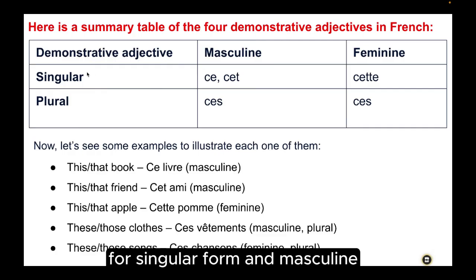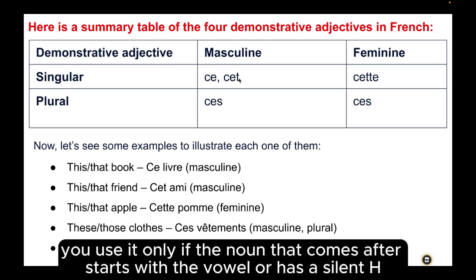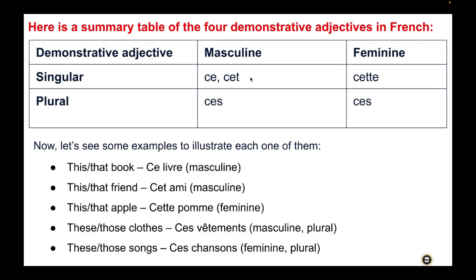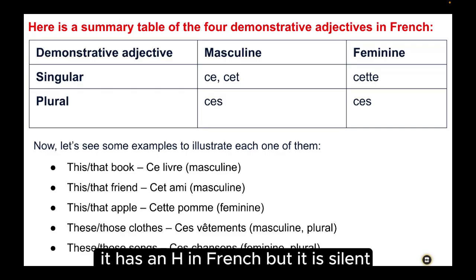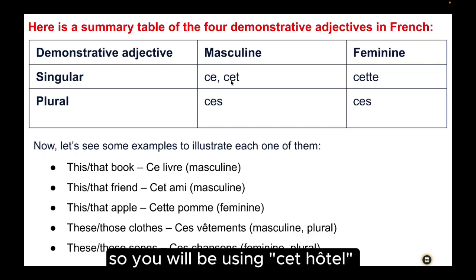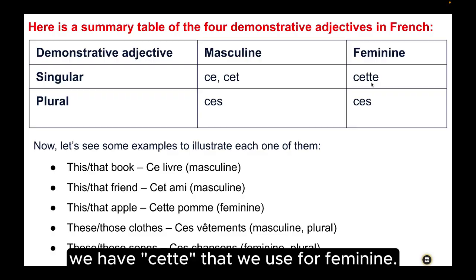For the singular masculine, we use ce, and cet, you use only if the noun that comes after starts with a vowel or has a silent H. It's like when you say a hotel, which is hôtel, it has an H in French, but it is silent. So you will be using cet hôtel, which is this hotel. And of course, we have cette that we use for feminine.